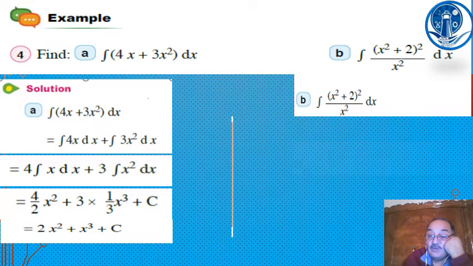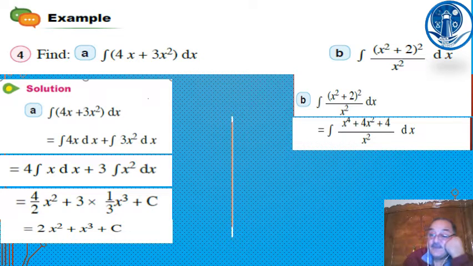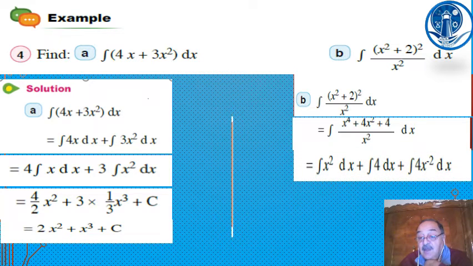Yes, first of all, we have to expand that one, opening this power. It will be square first, square second, first times second times 2, over x squared. Then divide each term by x squared, it will be integration of x power 2 minus 4 dx plus integration of 4x power negative 2. What we have done is open the bracket, or expand the bracket, and then change it from division to polynomial.